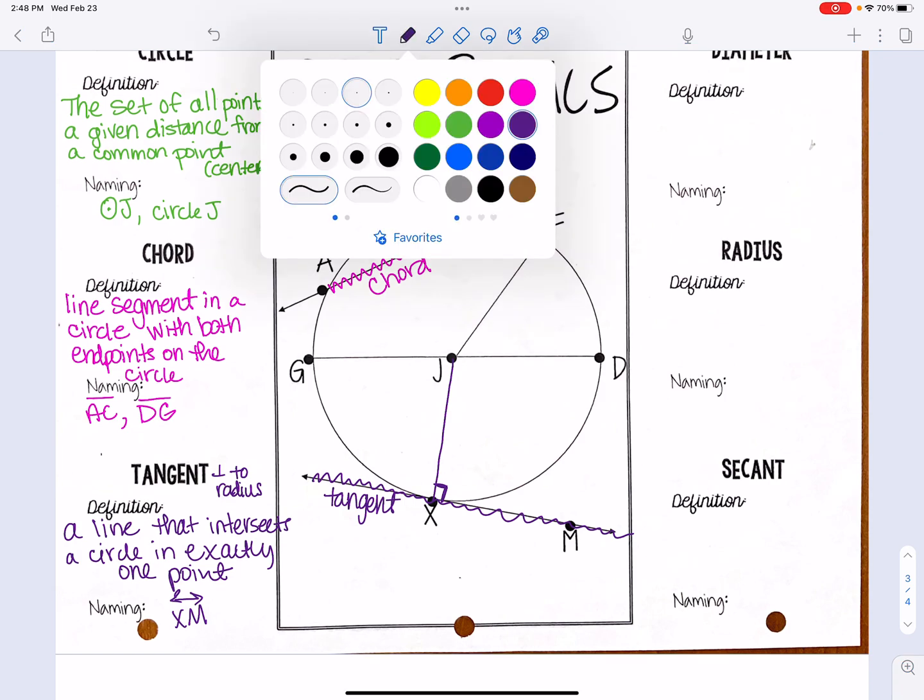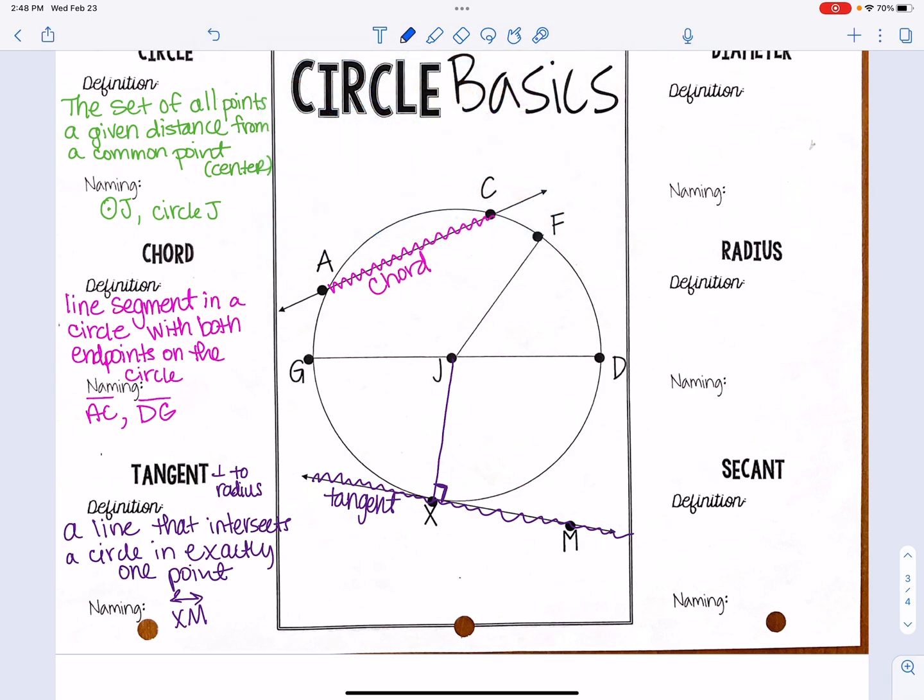And then one other thing I want you to write is this X point right here where it touches the circle, we call that the point of tangency. So the tangent line is going to touch the circle in exactly 1 point. And we call that the point of tangency. And it is perpendicular to the radius.